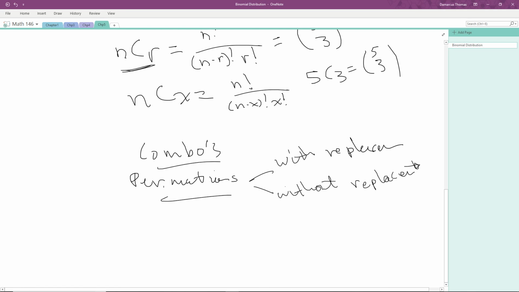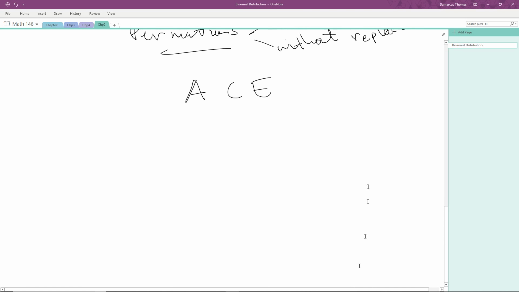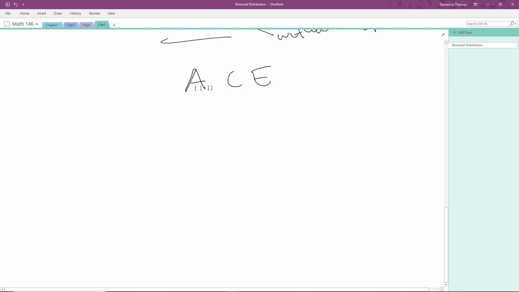So if someone says, let's say I have a word, say ace. How many different ways can I rearrange this 3-letter word? Well, this is more of a permutation type of problem. In other words, if I list them out, how many different letters can go in here?